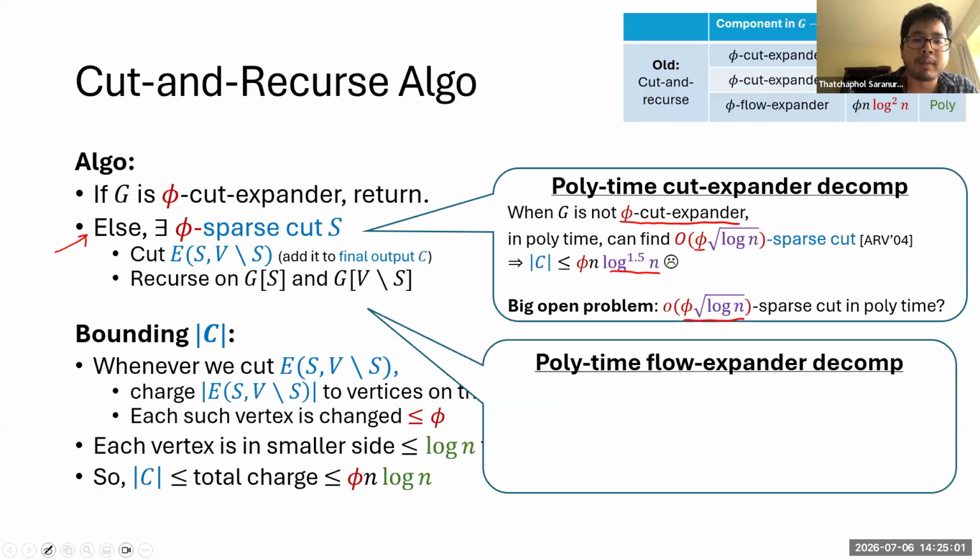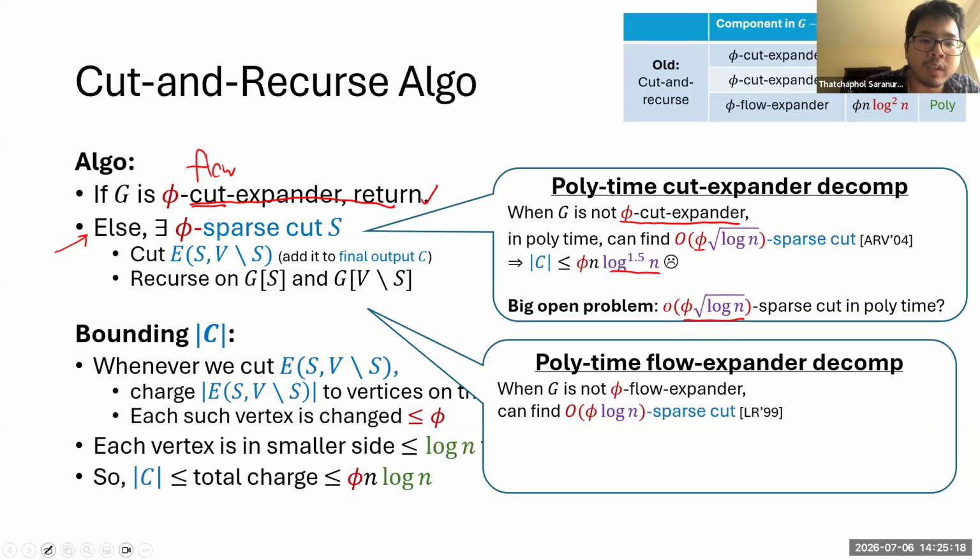Now, about flow expander decomposition in polynomial time, we're just going to replace this here by flow expander. And if the graph is a phi flow expander, then we are done. If it's not, what you know is that you can find a phi log n sparse cut in poly time. And because of this log n factor, you pay a bit more here, not log n, but log squared.